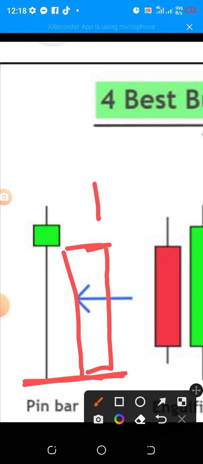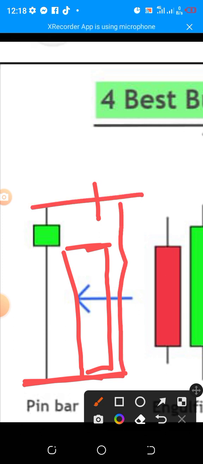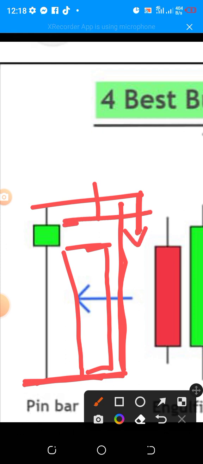It has the longest wick, but after reaching there, the buyer came again and took over up to this highest point. It started as a bearish candle, but the buyer pushed the price up. Then the seller came in and took over to this point, and that is when the candle closed as a pin bar.